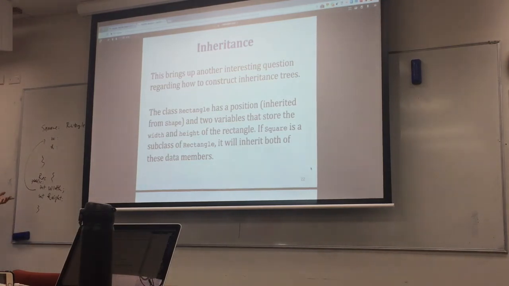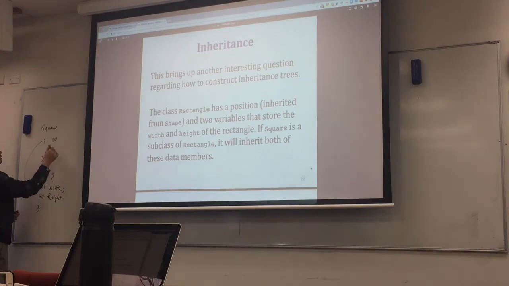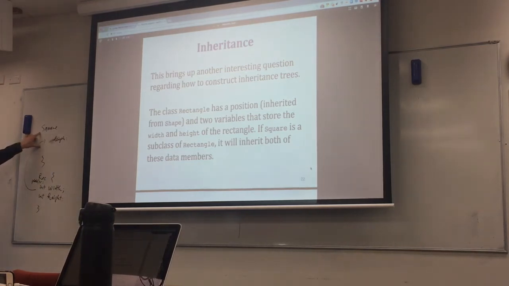Or we can make it a separate class. Let's just not do it, and we declare just the width or the length. So in this case, every instance of square will have only one variable in memory.